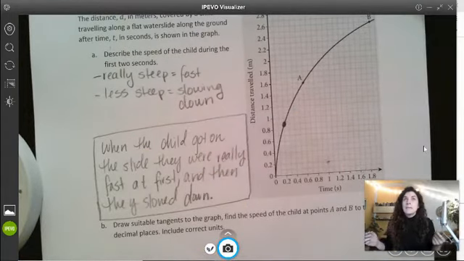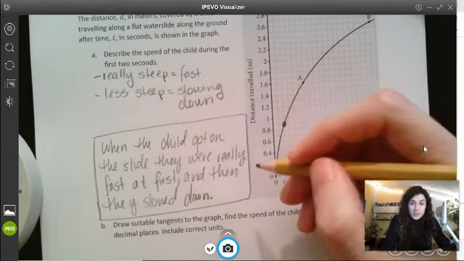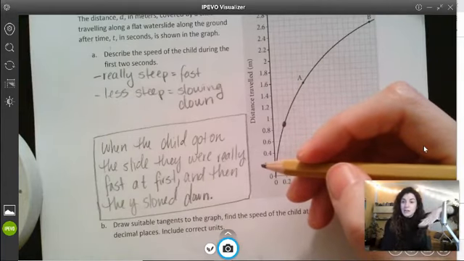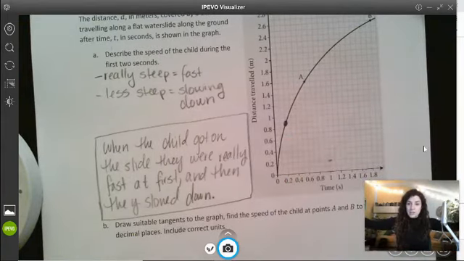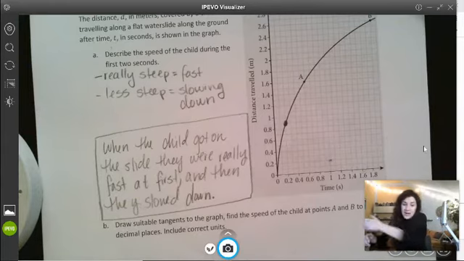So try to relate back to what you know about being on those water slides, not one that goes like this, in which your speed might increase. It says a flat water slide. If you've ever put a little plastic tarp down and put water all over it, got your bathing suit on and you and your friends slid across the tarp, what happens when you first start? You get a running start and you jump onto the slide and then you start slowing down.